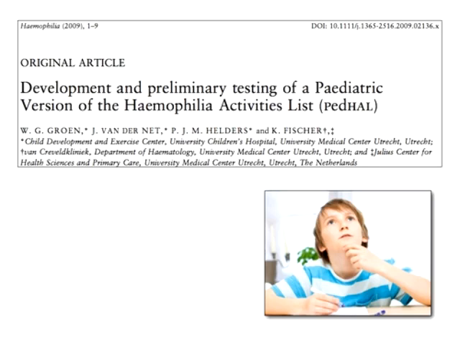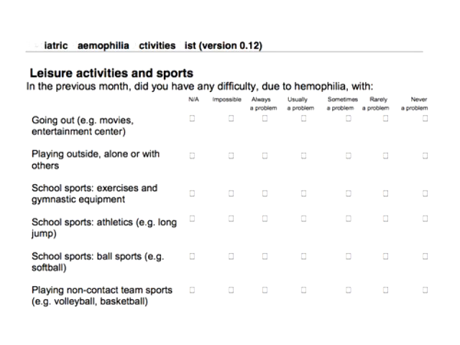And Wim Groen in the same group published the pediatric version of it, the PED-HAL. Now, the HAL is an interesting questionnaire because on top of looking at instrumental activities of daily life, it also asks questions like playing with others, going out to movies and entertainment, being involved in team sports, things that have a social participation aspect to them.